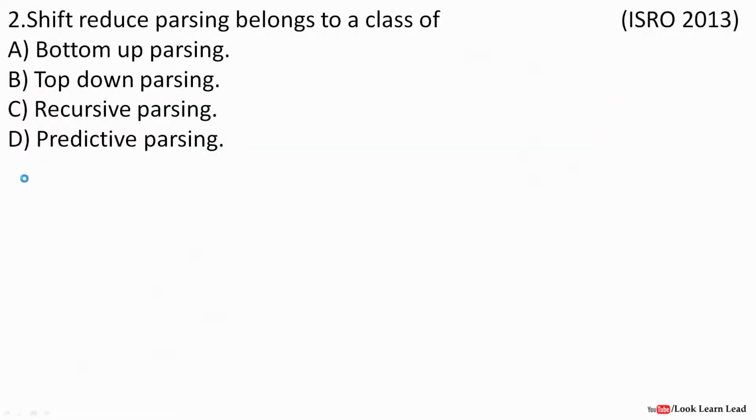Next. Shift reduce parsing belongs to which class of parsing? Okay, when we talk about the broader concept, we have top down and bottom up parsing. When we talk about top down parsing, we have recursive descent parsing.